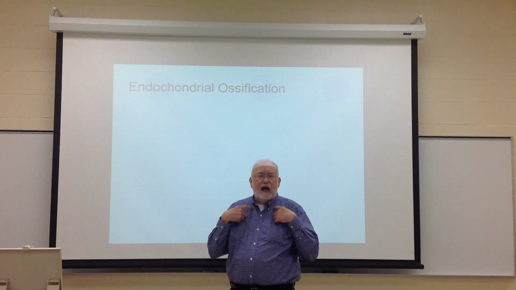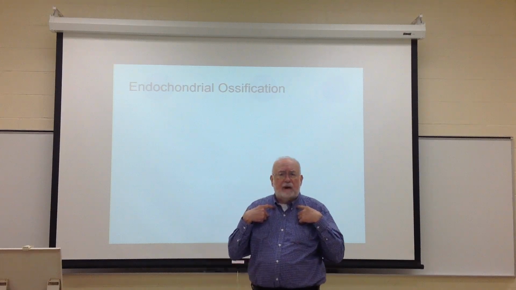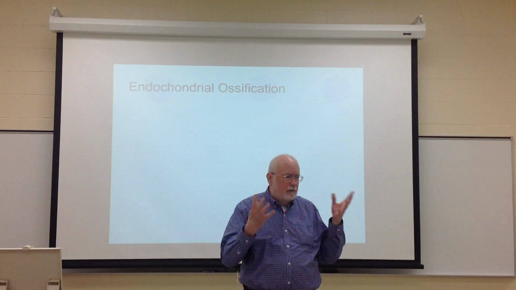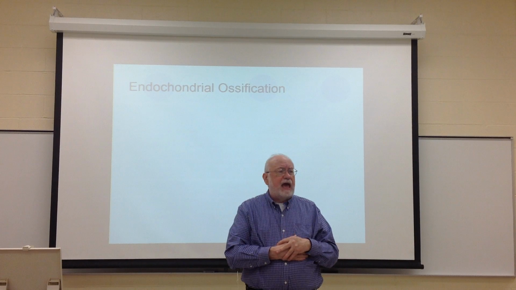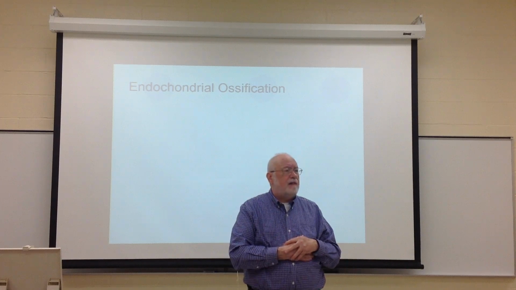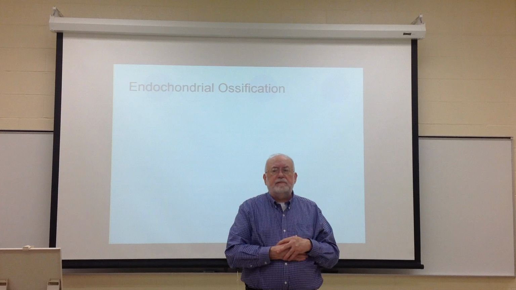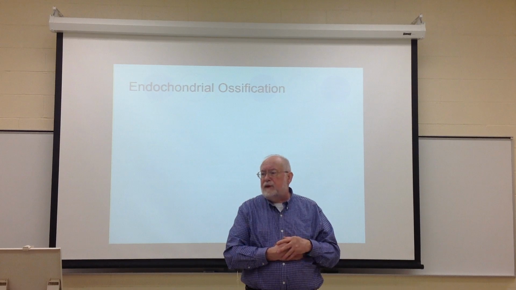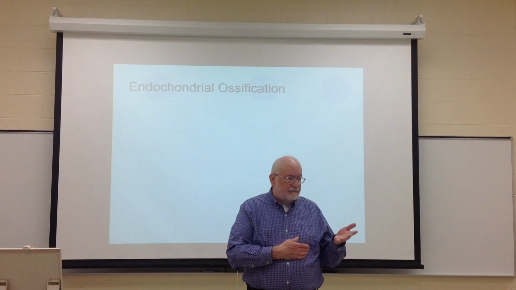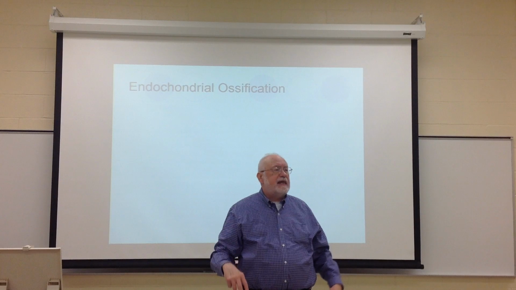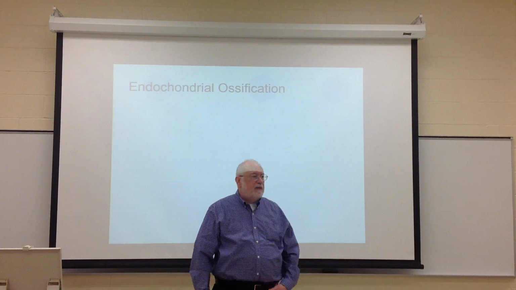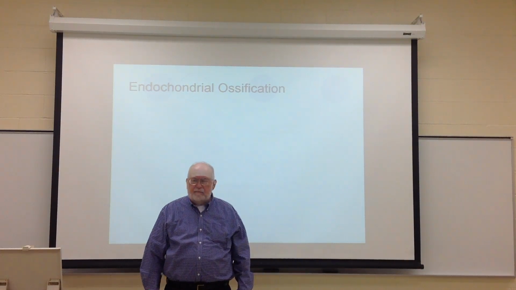So the mesenchyme gets deposited at the end of blood vessels around where the bones are to form, so like around the brain. All right, and then centers of ossification develop within it when some of those mesenchyme cells differentiate into osteoblasts. And so we get these clusters of osteoblasts scattered throughout this mesenchyme membrane.